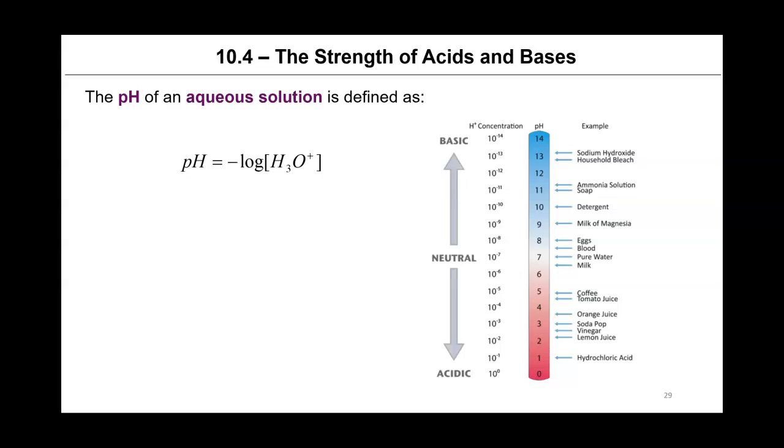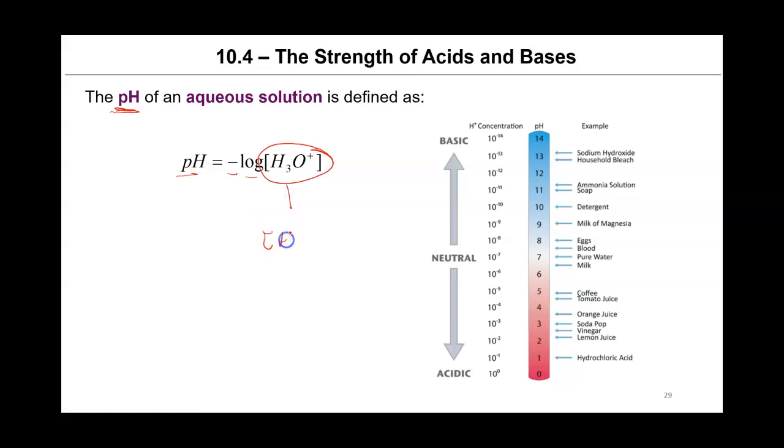Dealing with molarities can be complicated because we have such a wide range of concentrations that we're going to be working with. So it's common to specify the pH of an aqueous solution, and the pH is simply the negative log of the hydrogen ion concentration, or the hydronium ion concentration more correctly.